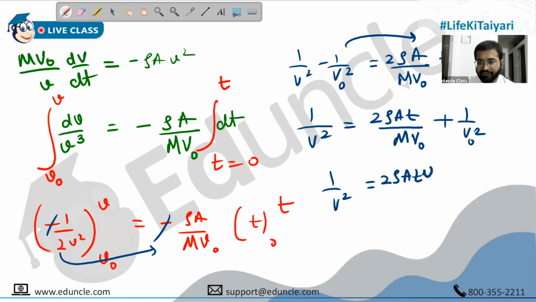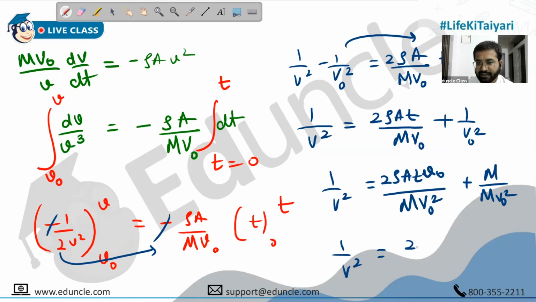So 2 rho a t v naught upon m v naught square. I've just multiplied and divided by v naught. And here let's multiply and divide by m. So m upon m v naught square. Denominator becomes same, so I can add the numerator directly. So 1 upon v square is 2 rho a t v naught plus m upon m v naught square. Copy this much.